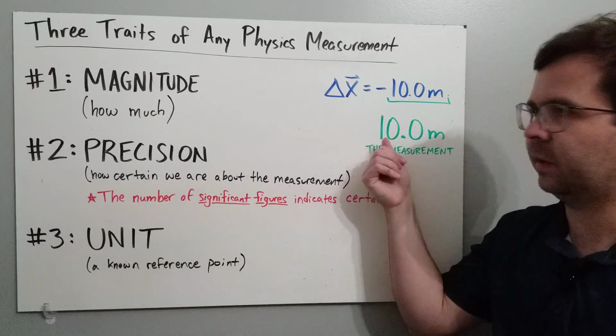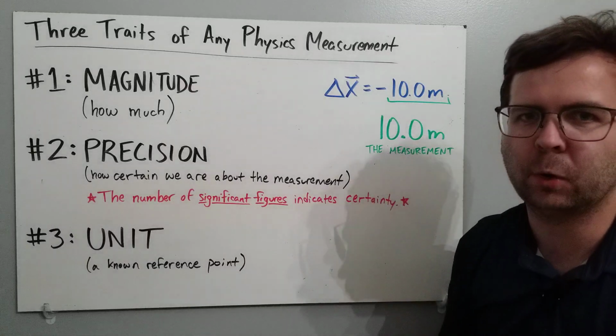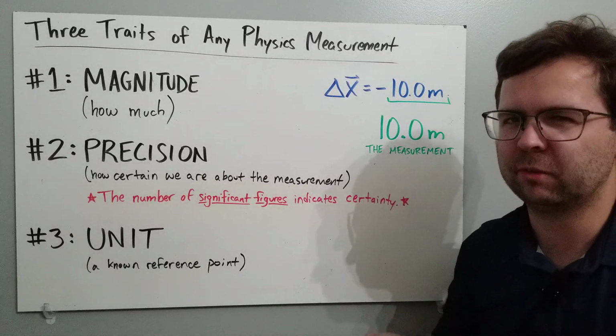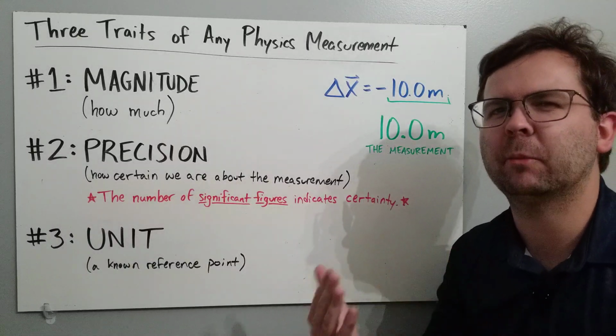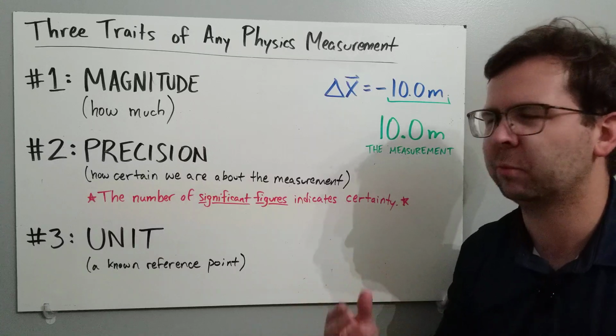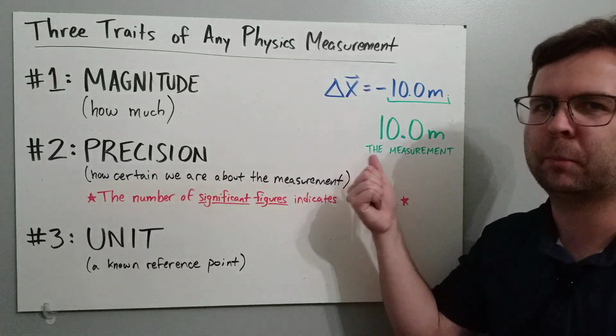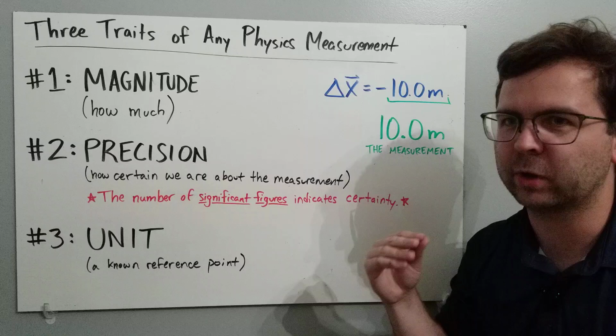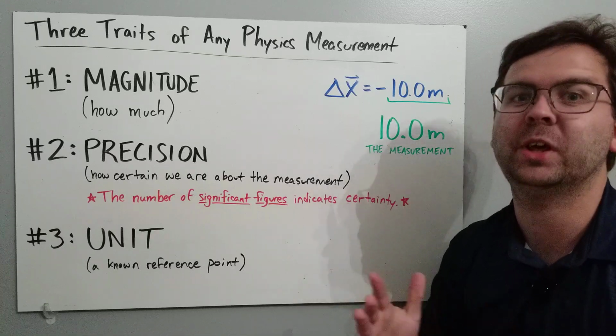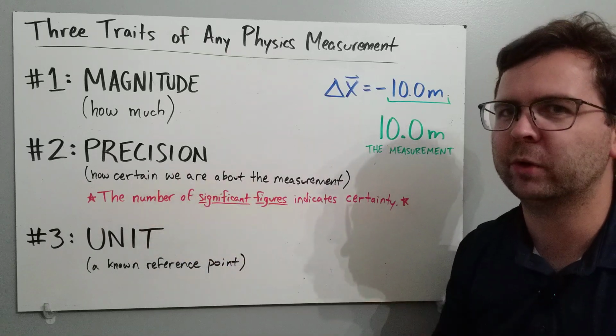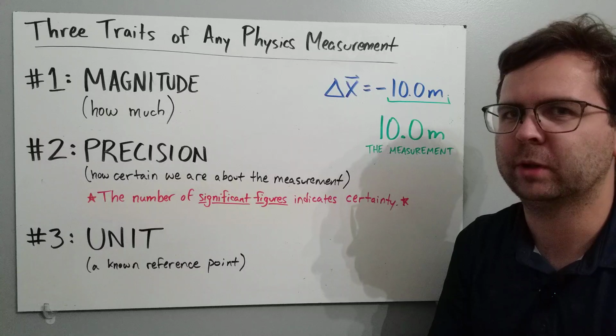So if we say the measurement is 10.0 meters, we're giving away how much precision is in that measurement by the 10.0 part. The 0.0 gives you a hint as to, okay, this is a little bit more precise than just 10. So the precision is always included in a physics measurement as well.